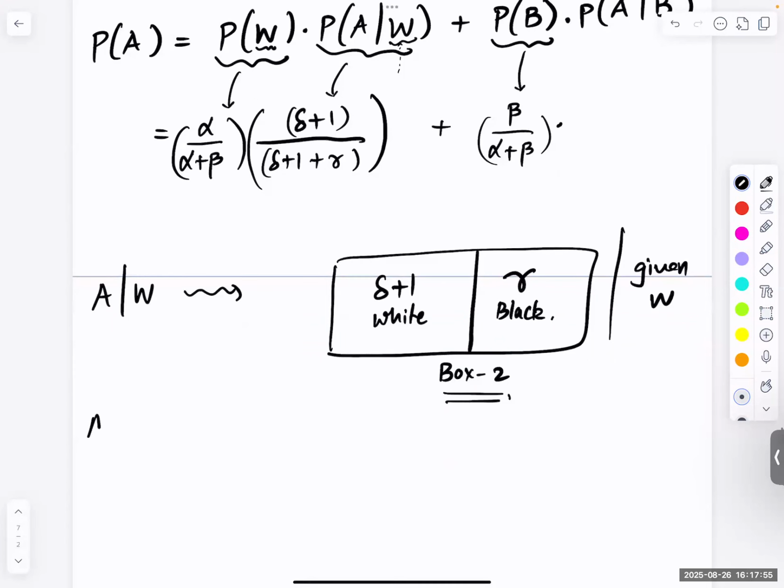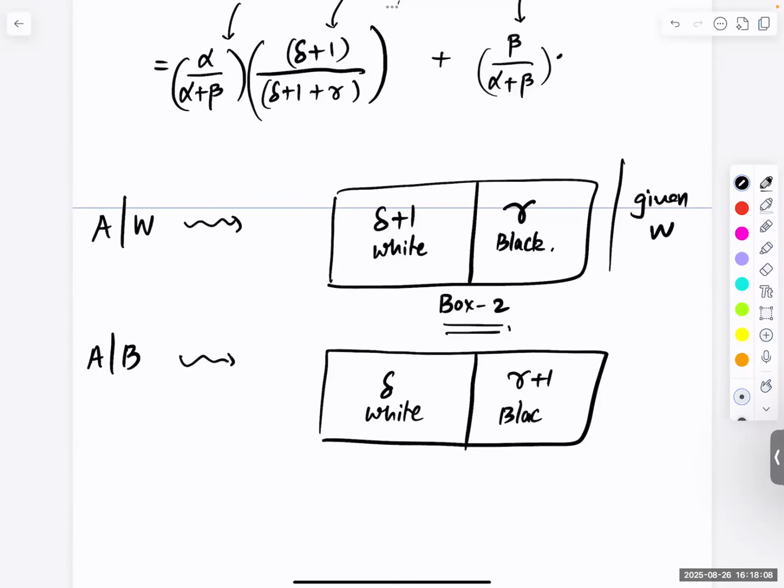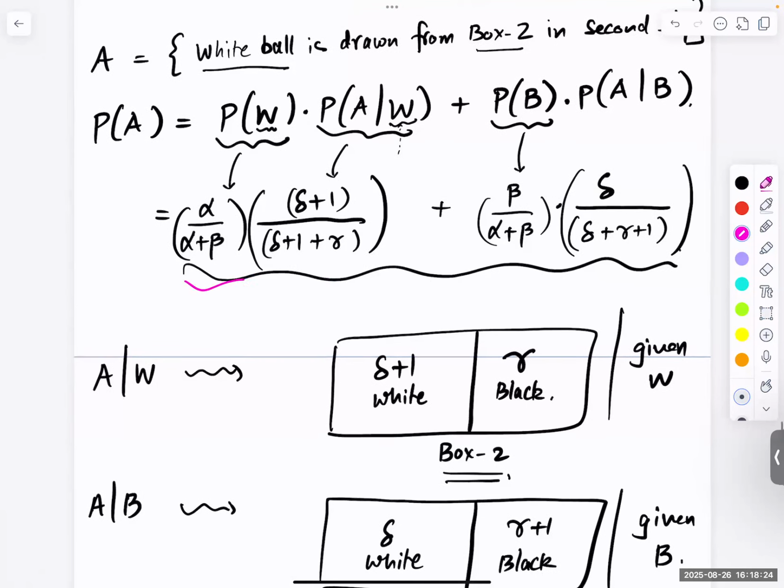And then you can run the same thing for A given B. Box 2 will have delta white and gamma plus 1 black given B, so the probability is delta white balls divided by the total number, delta plus gamma plus 1. So that's my final answer at the end of the day.